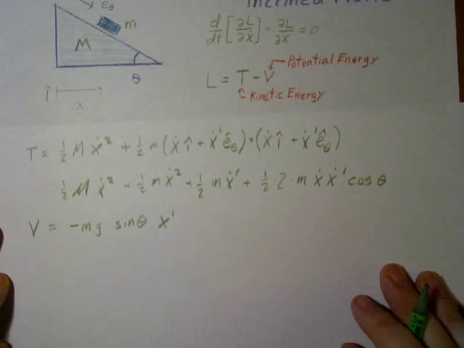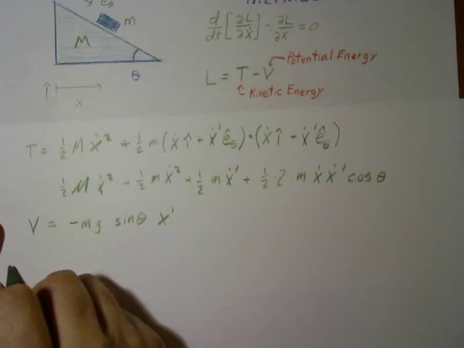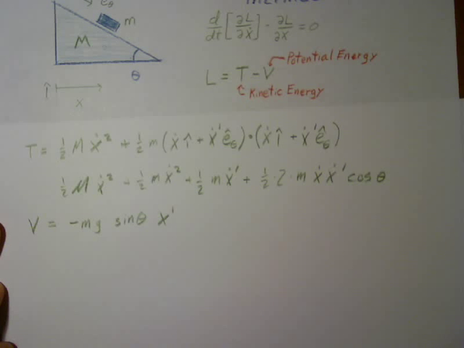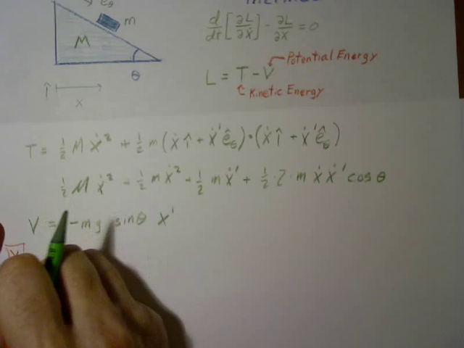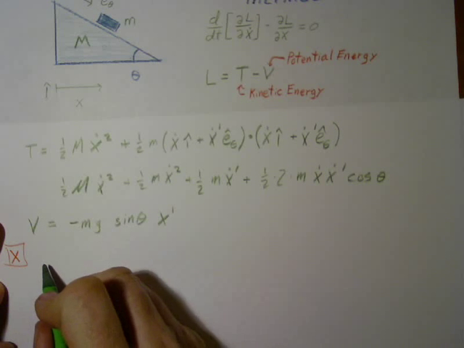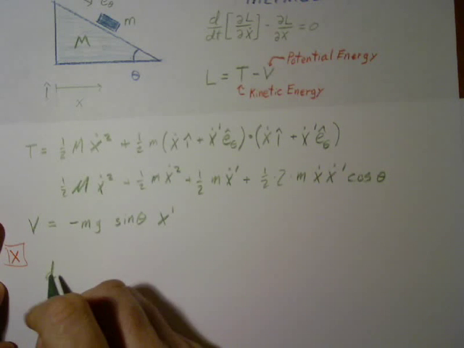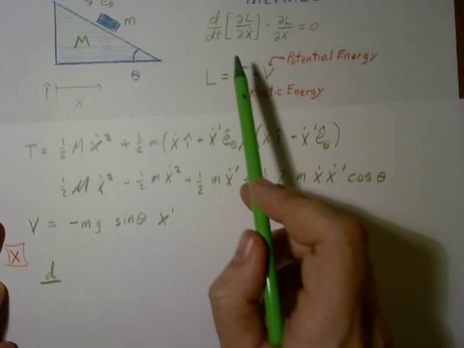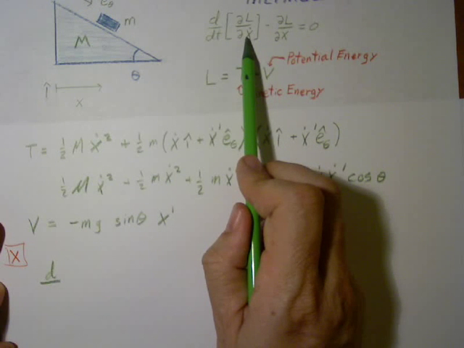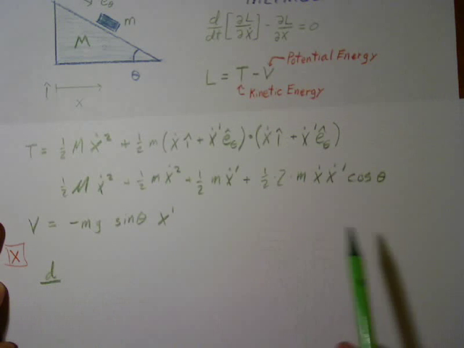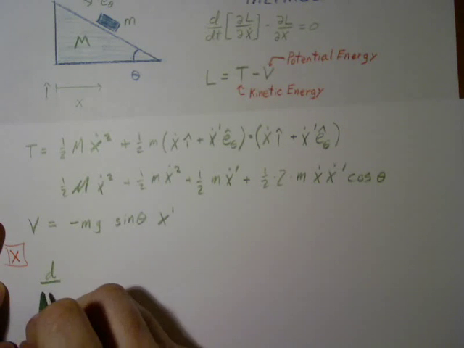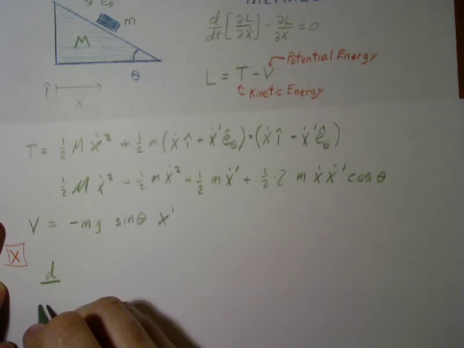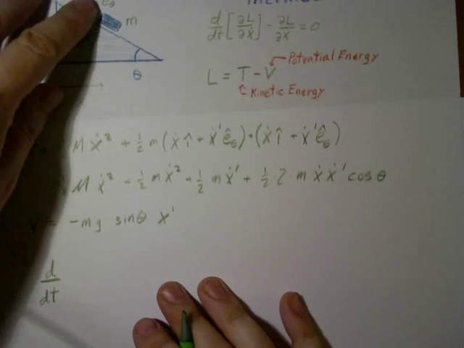So, if we evaluate x first, we take the partial derivative with regards to x dot, which means we don't pay attention to x or x prime or x dot prime, just x dot.